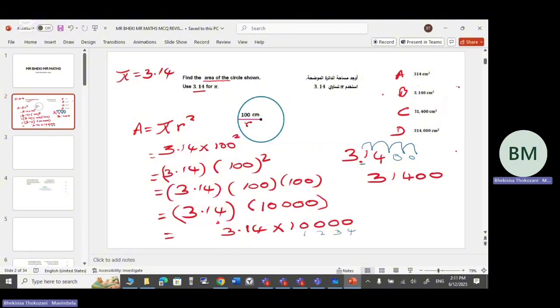Now I need to look for this answer in my multiple choice. I can see it's not 314, it's not 3140, but I can see that this is my answer, which is C. So my answer is 31,400. I hope that makes sense, guys. Okay, let's move on to the next one.